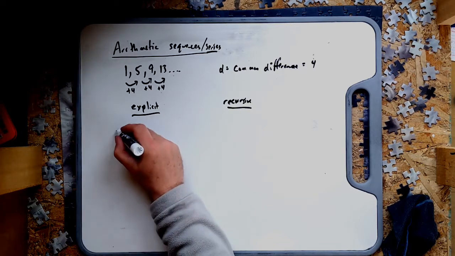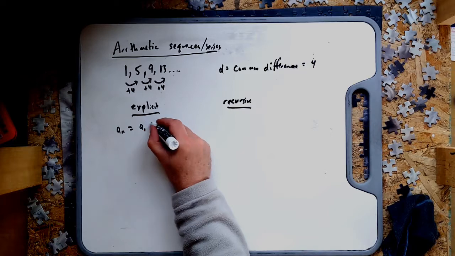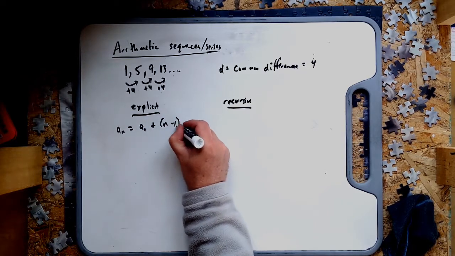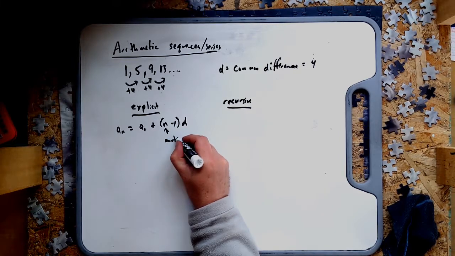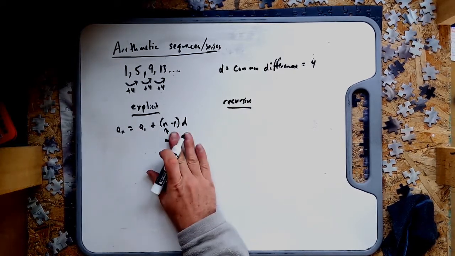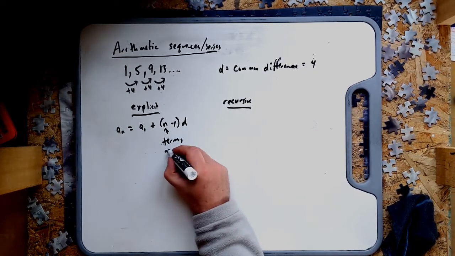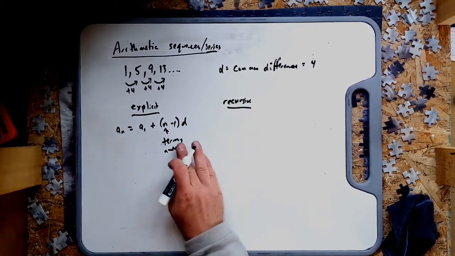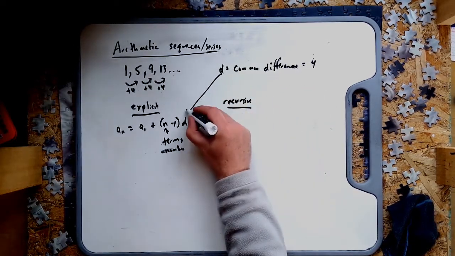So the explicit one is a sub n equals a sub 1 plus, in parentheses, n minus 1 times d, where n is the number in the term, or number in the sequence. D is the common difference, what we got here.